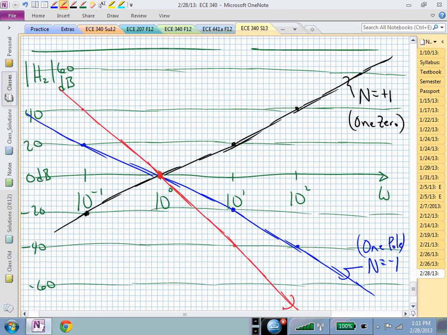DC is omega equal to 0. What are you kind of wanting to say? You were kind of wanting to say omega equal to 1, weren't you? But think of 0, and where is 0? We never get to it, do we, on this logarithmic axis?